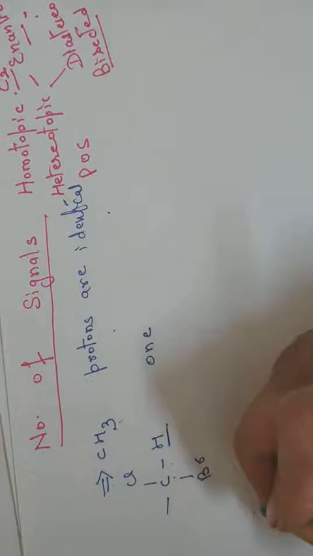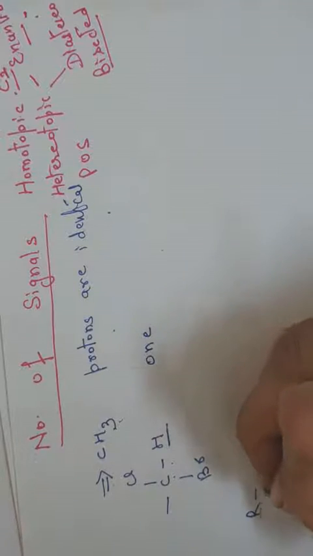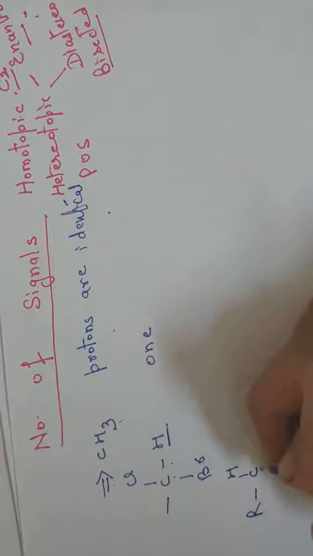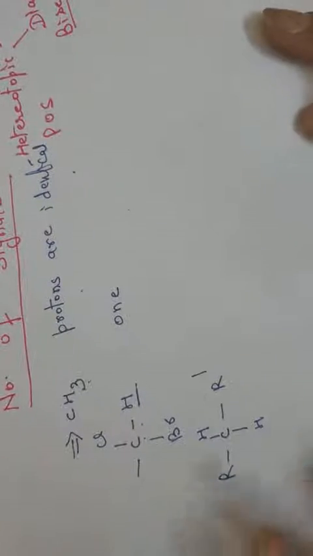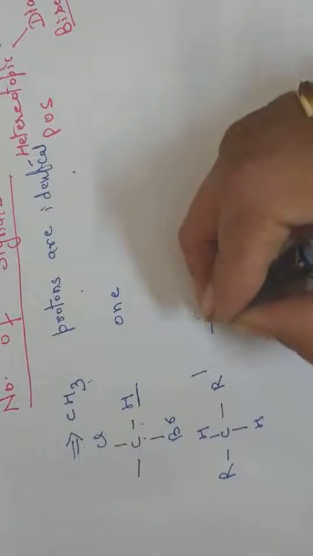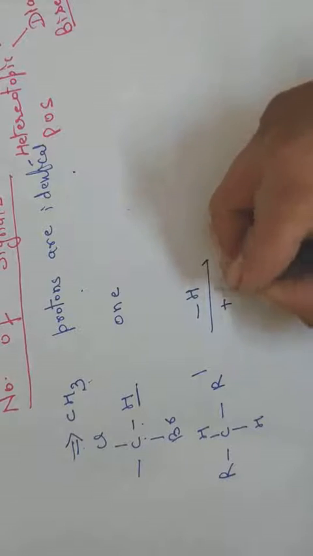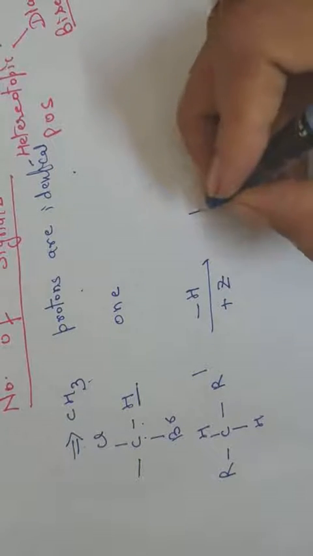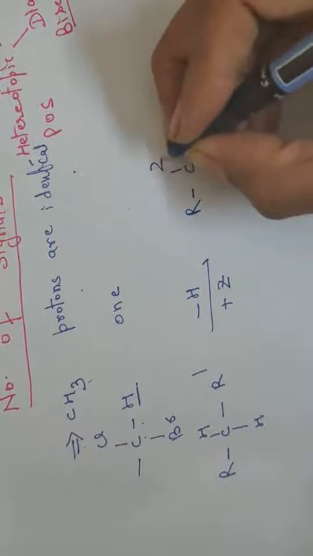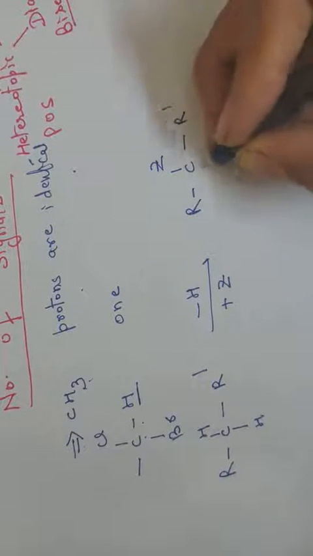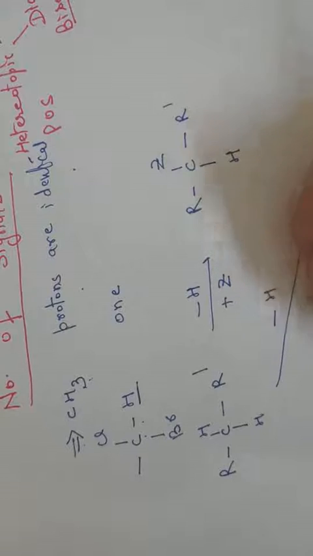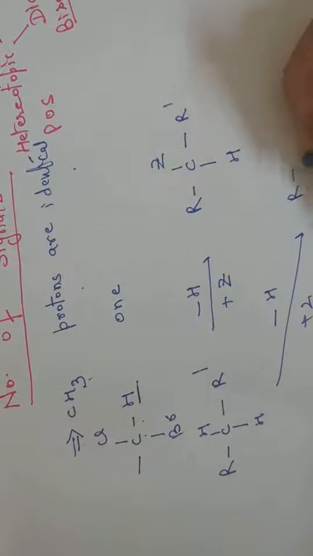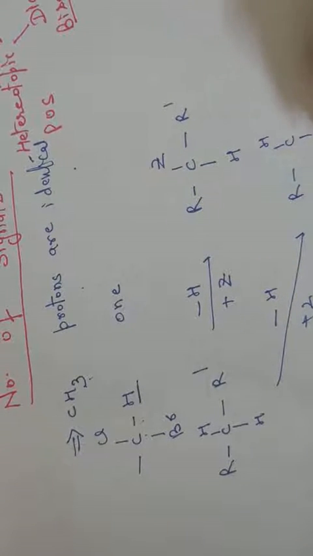Now the problem comes when you have something like this, R-CH2-R'. In this case, we know that if we replace one hydrogen by any other group, let us suppose that group is Z, it forms R, C, Z, R' and this is H. And if we replace the other hydrogen by Z, then it becomes R, C, H, Z and R'.